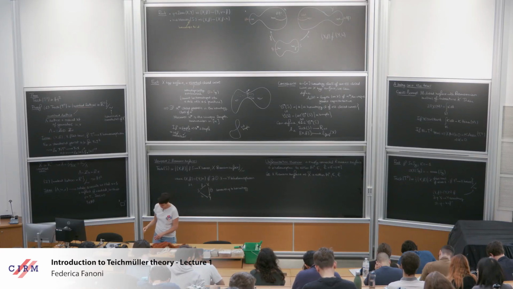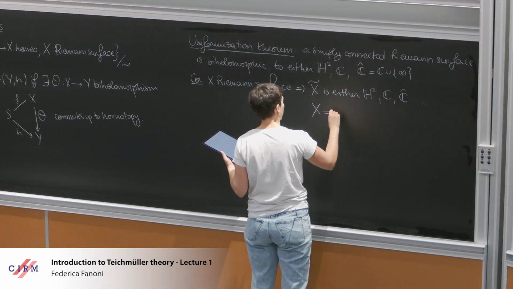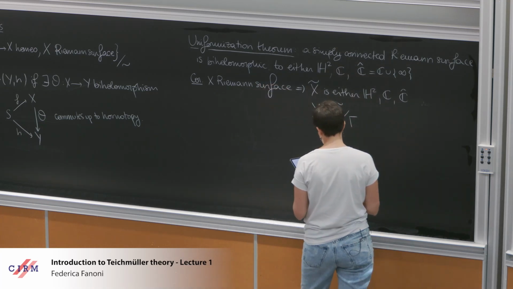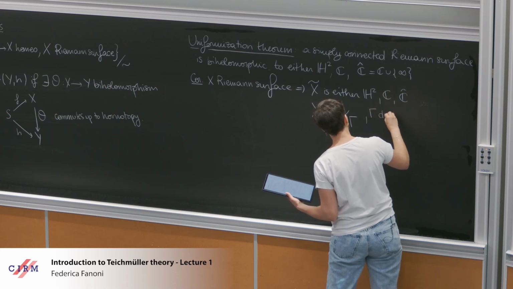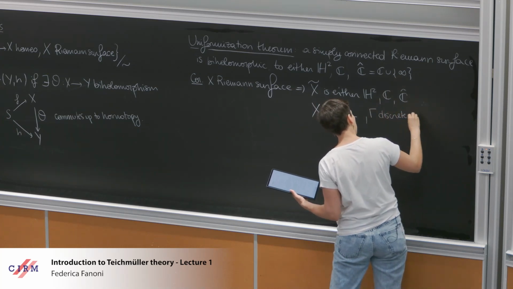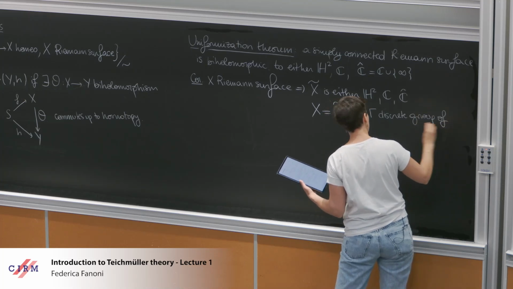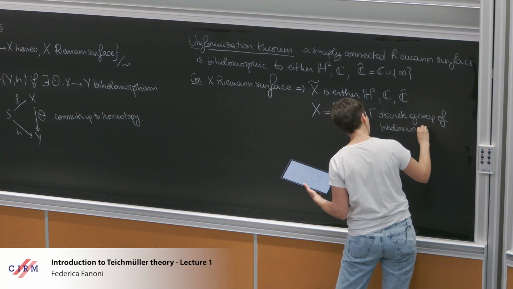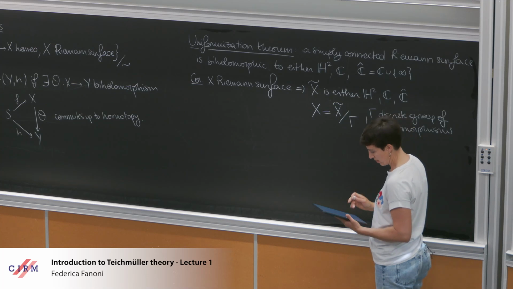And then, in particular, this means that X can be seen as the quotient of this modulo some group. And this group now is going to be a discrete group of biholomorphisms that preserve X tilde.